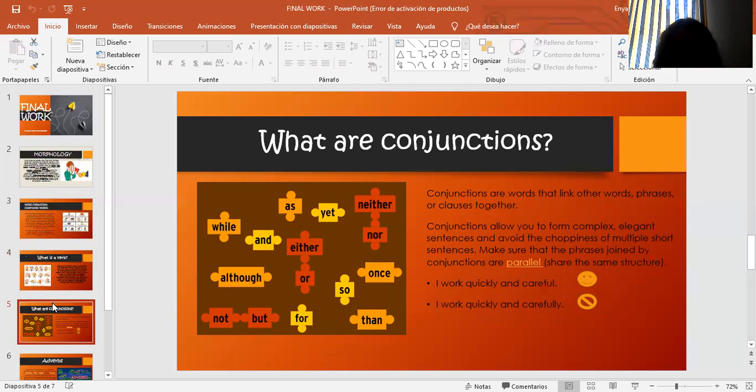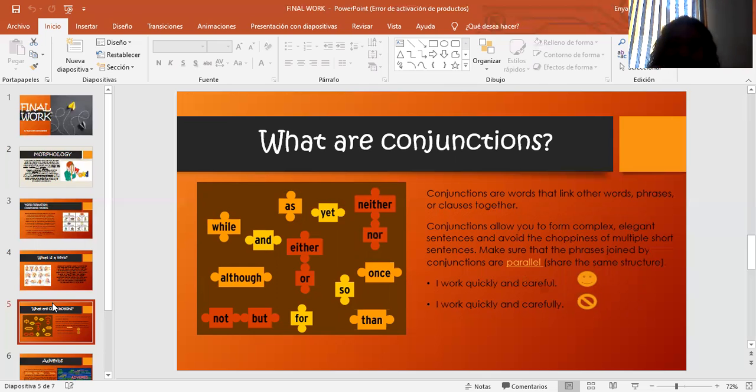These are words that link other words or phrases or clauses together. Conjunctions allow you to form complex, elegant sentences and avoid the choppiness of multiple short sentences.